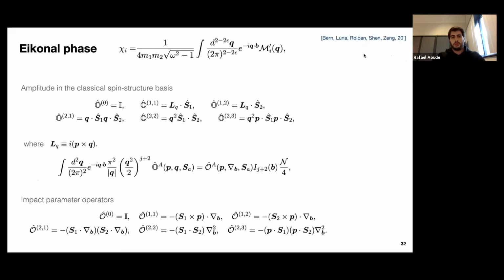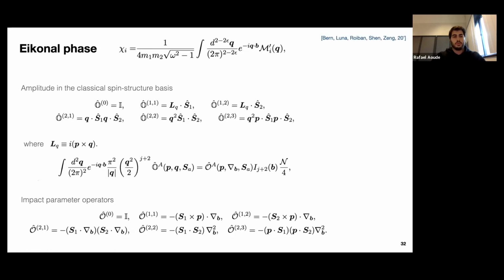So for the eikonal phase calculations, what we do is that we plug the obtained amplitude in this formula, so in the Fourier transform of the eikonal. And following this paper, you can write your amplitude in the center of mass kinematics, where you have your spins defined there.